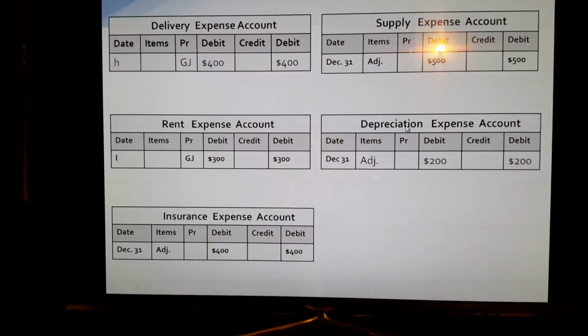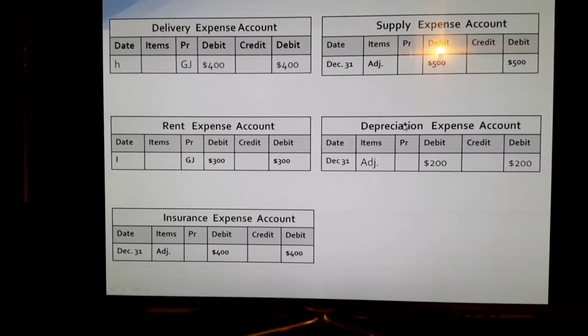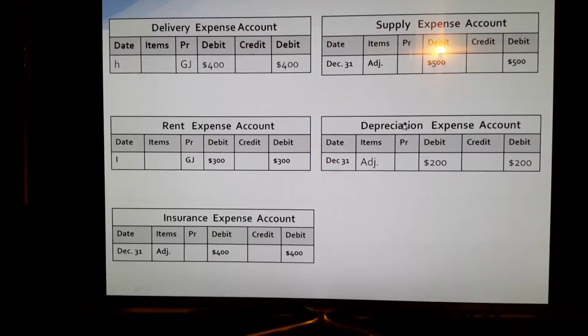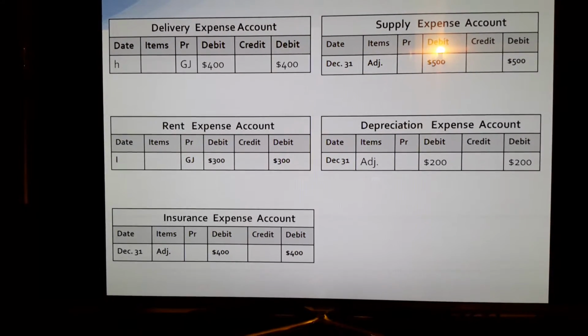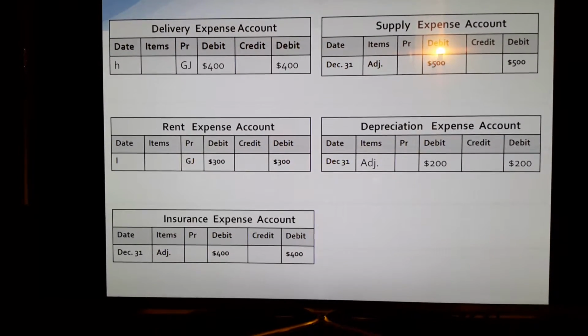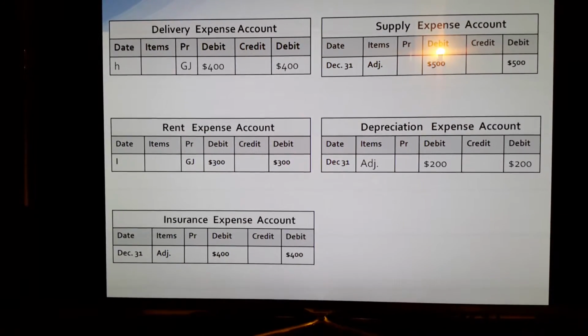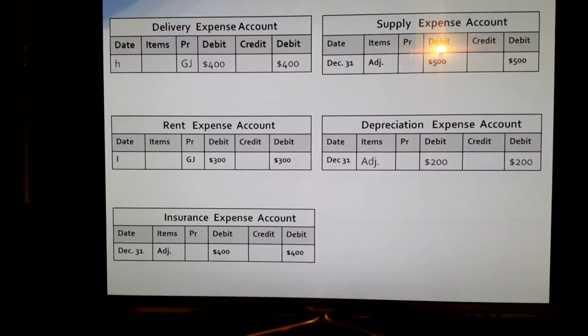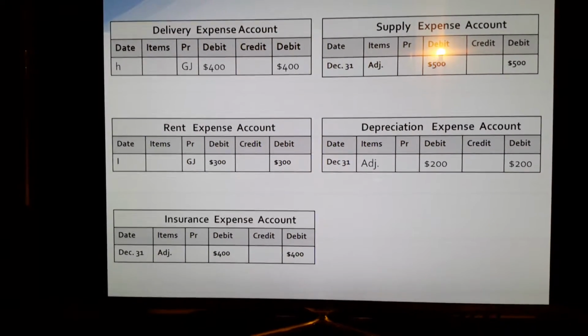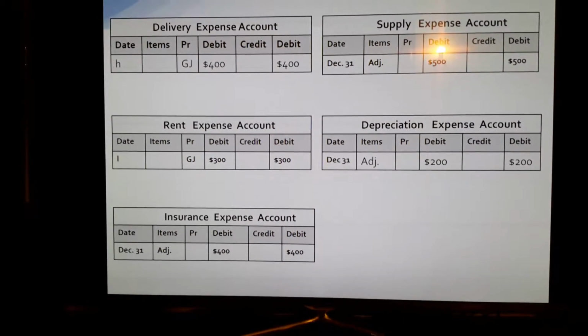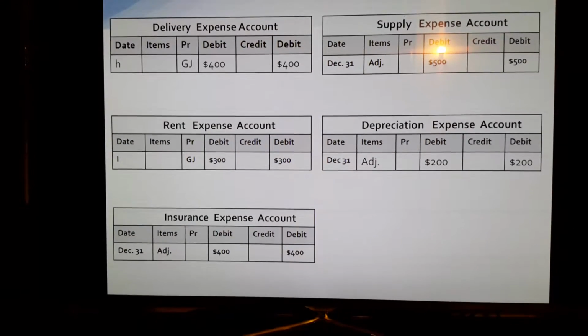Adjustment also for depreciation. Depreciation, in simple terms, is the fall in value of an asset. This is just for beginners. Okay, when we get into the real accounting, I will define what depreciation is. But for now, just keep in mind that it is when your assets reduce in value.